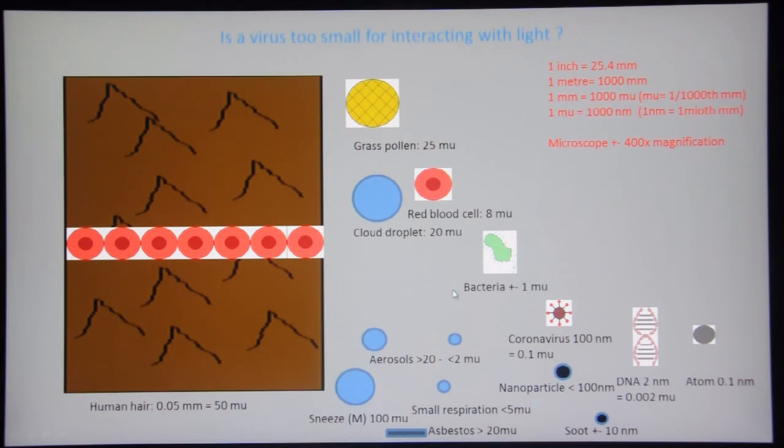And then you have another interesting thing that people are learning about nowadays, the aerosols, which you know of course from your deodorant and the spray, that you spray these little droplets or little solid particles suspended in air.